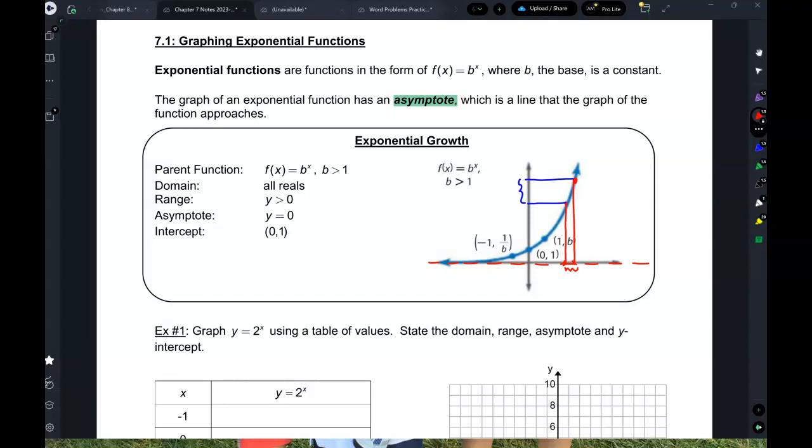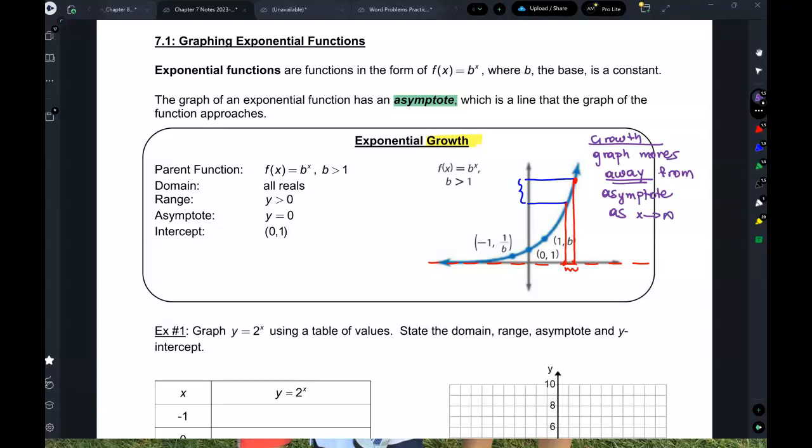Okay, here are some more things to keep in mind. When you have the graph of an exponential growth function, the way you know it's growth is because the graph moves away from the asymptote as x approaches infinity.